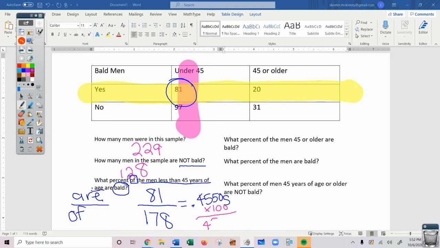And so we have 45.5%. I always want you to round to at least that tenth position. Give me one decimal point. So 45.5% of the men less than 45 years of age are bald.